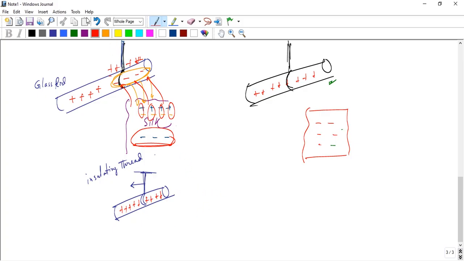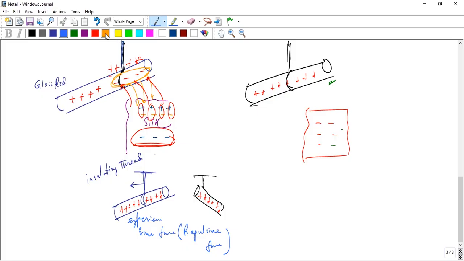Take another glass rod, which is also positive because it was rubbed with silk. If they come close to each other, you see that the rods experience some force, and this force is a repulsive force.